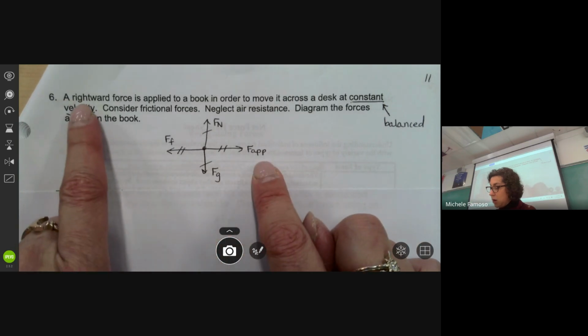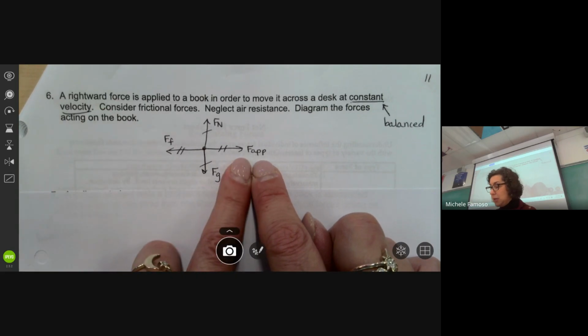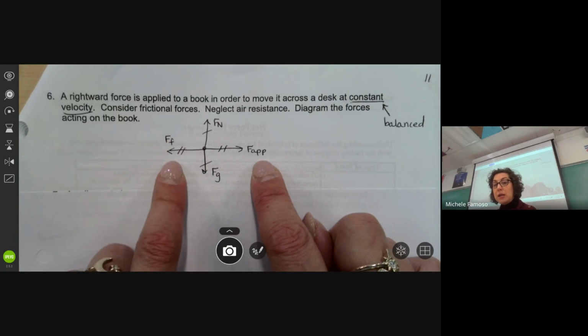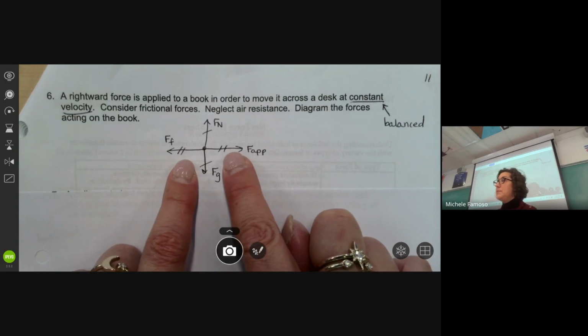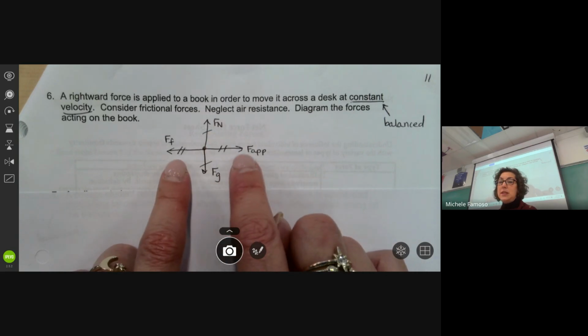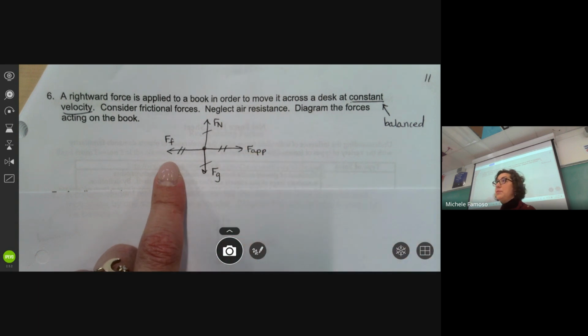It says that we are applying a rightward force, so that's FAPP to the right, but there is friction, so that's to the left, FF, and those two forces should be the same size. Notice I have 2 different sets of hash marks, right? Because these are not necessarily the same length as the up and the down. Questions on number 6?